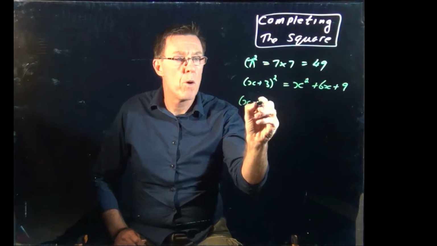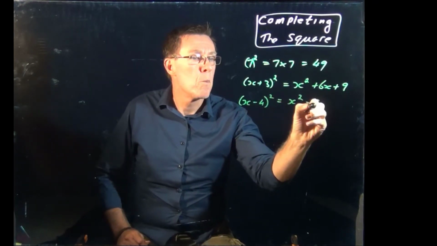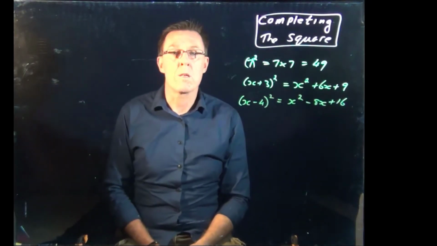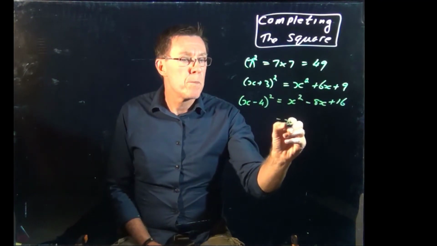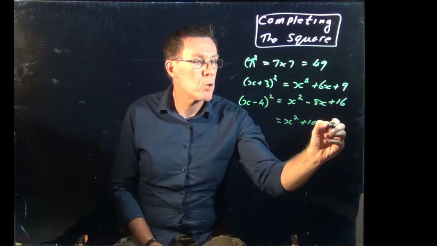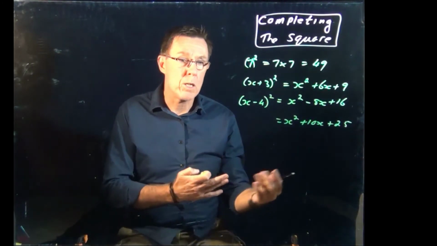If we had x minus 4 in here, that would be x squared minus 8x plus 16. Perfectly square quadratics. Now, if I gave you this one, say x squared plus 10x plus 25, is that a perfectly square quadratic? Yes, it is.